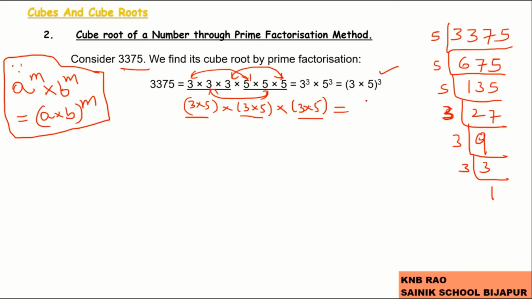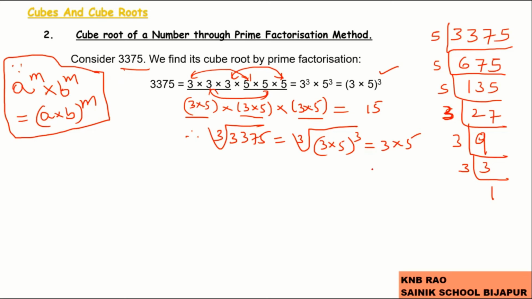What is the product of 3 into 5? It is 15 now. So 15 into 15 into 15, we are writing 15 to the power 3. So therefore, I can say the cube root of 3375, where the cube root of 3 into 5 whole cube is 3 into 5, which gives 15.